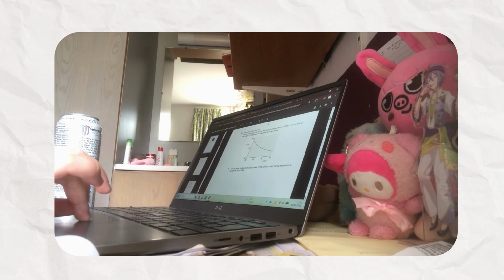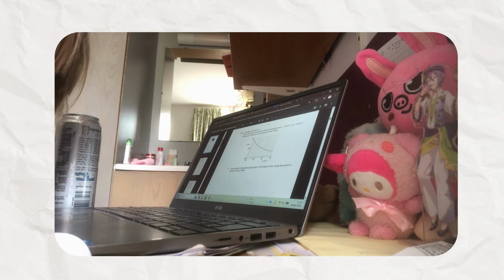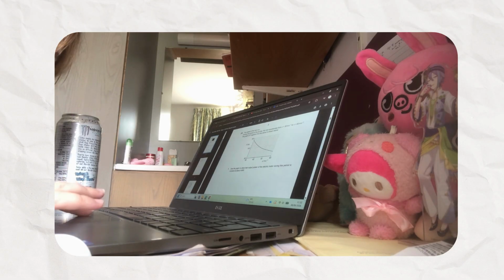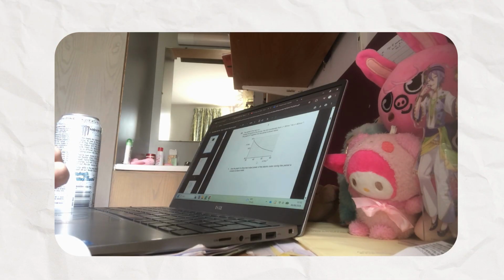When I was calculating the area under this graph, I was getting about half of that, or just similar values but not quite.